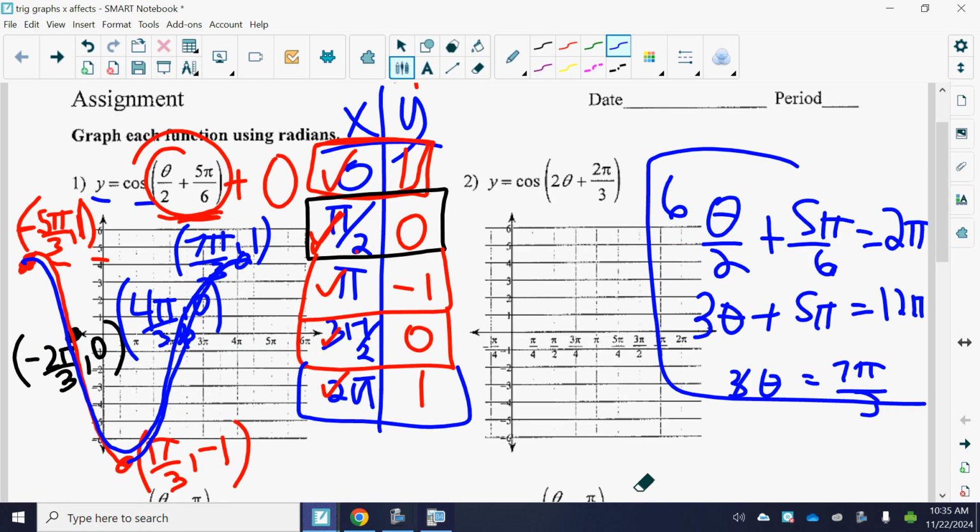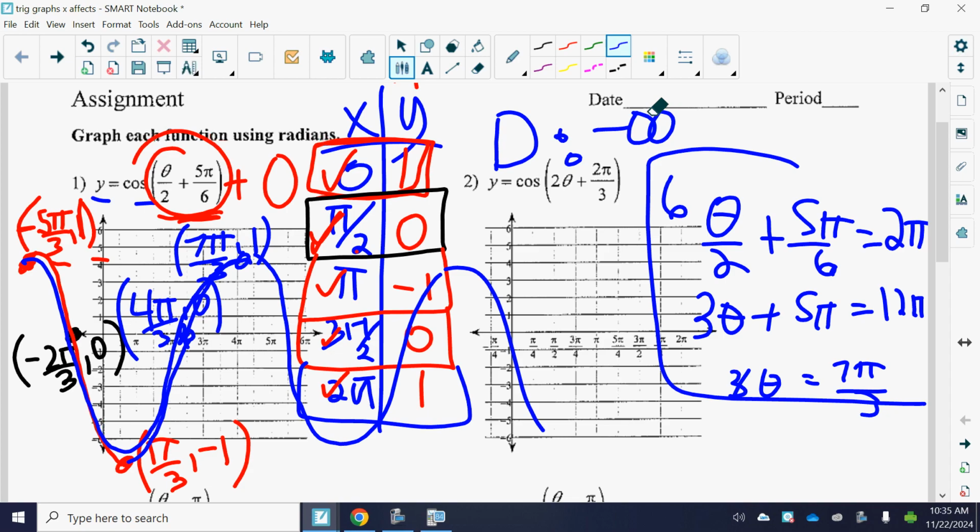My little representation is just one rotation around the clock. What does it do? It keeps going and going and going both directions. Ready? Questions. Domain. That's easy. Range. Excellent.